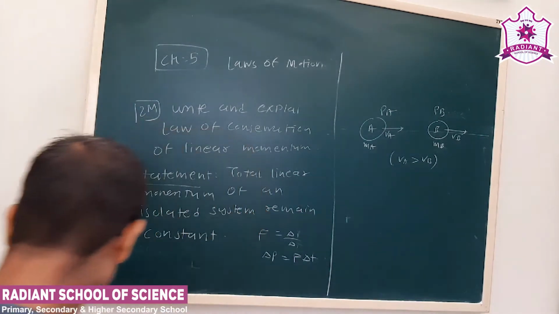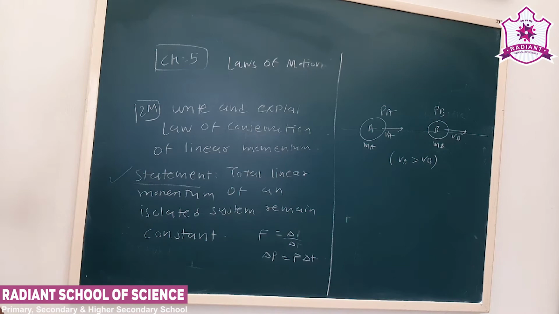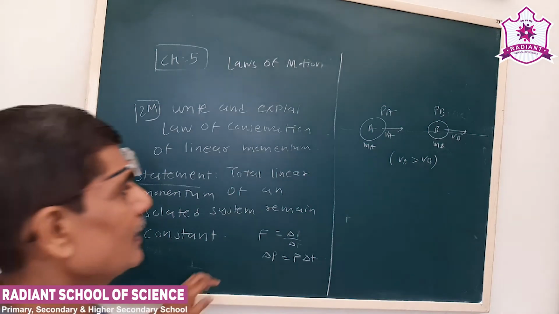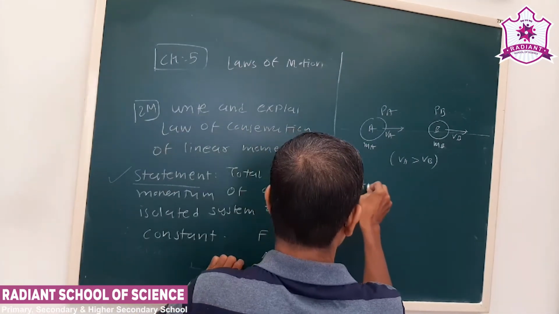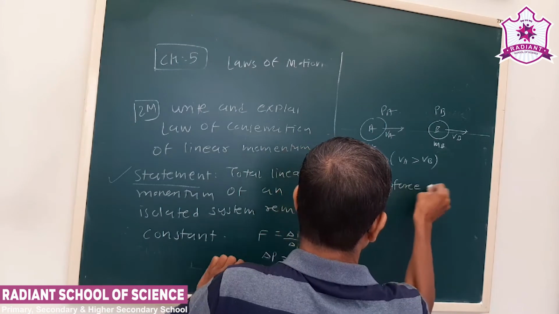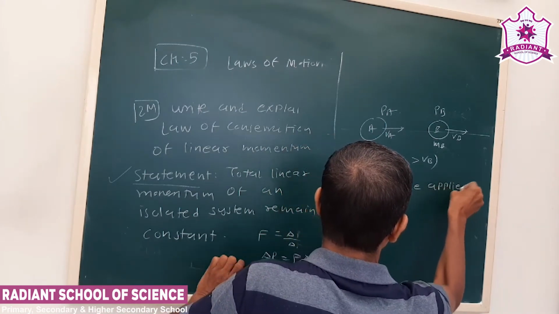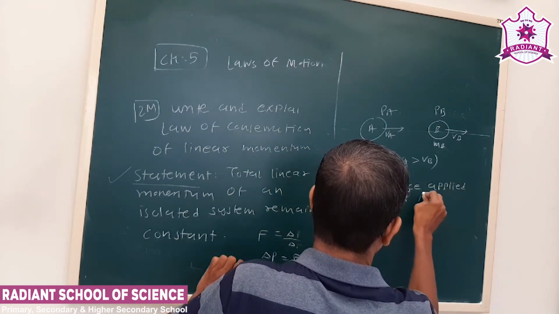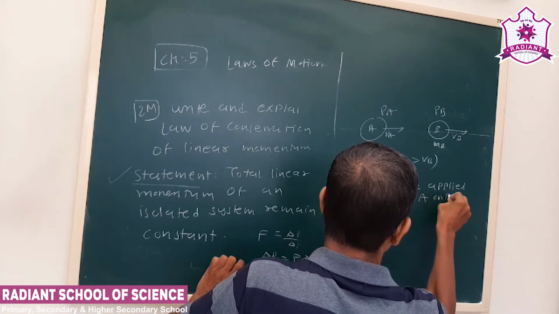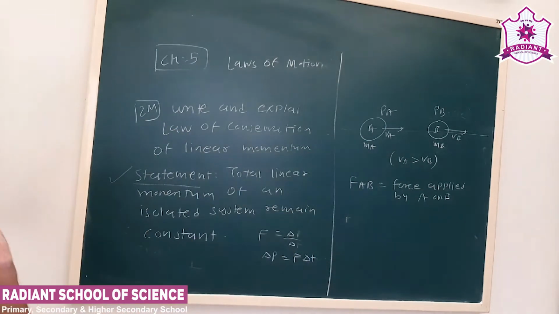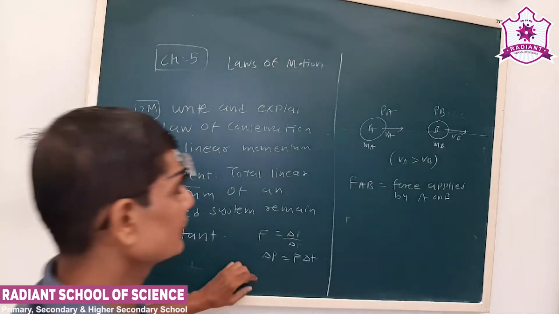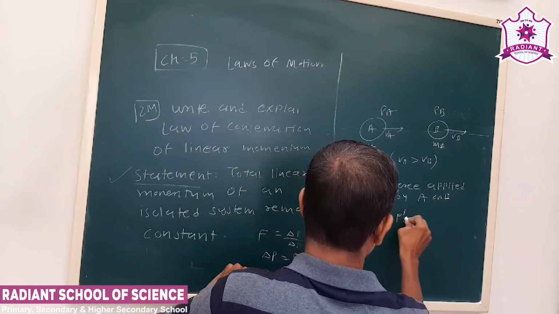Whenever there is interaction, see what is the force applied by A on B. FAB is the force applied, that is the change in momentum delta PA, that is P dash A minus PA.